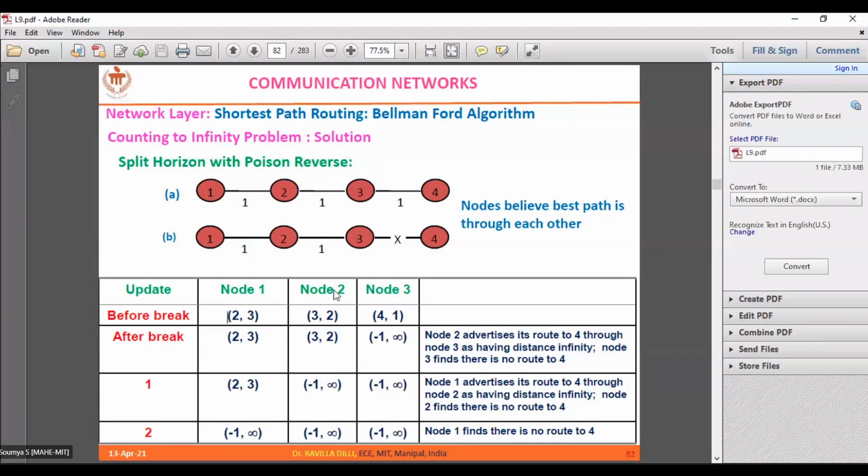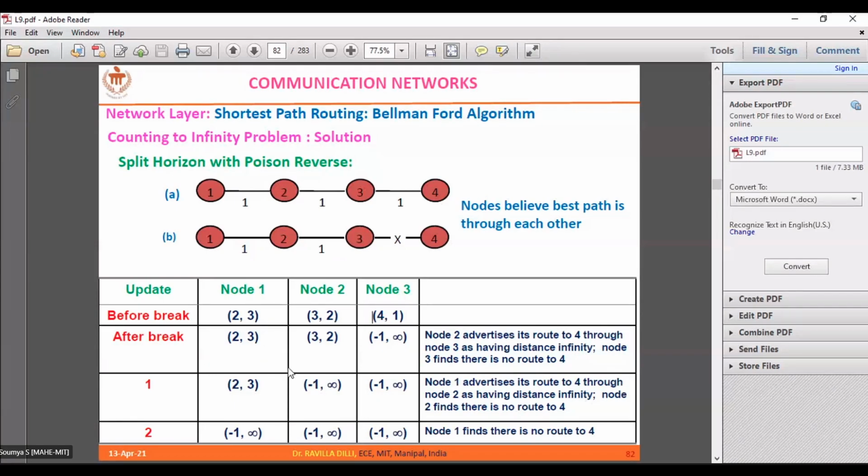Similarly, node 2 had its table updated as this. If it has to reach node 4, it had to go through node 3 and the total distance was 2. Now similarly from node 3 to node 4, what do you see? The distance is 1 and it is the destination itself. This was what was happening before the break, or before the link failed.